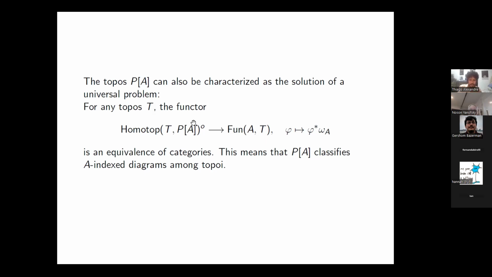So it is the construction of the classifying topos of this geometric theory, which is a derivator. It's a topological derivator over toposes, which takes a topos and returns the category of functors, the A-indexed diagrams, in this topos.